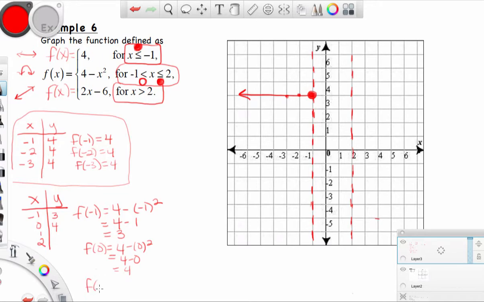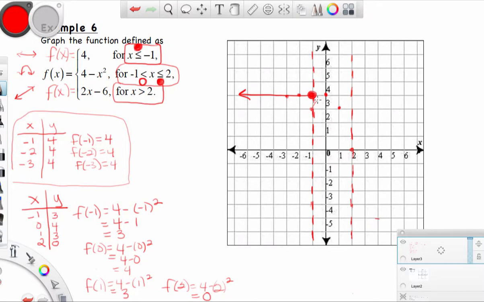And then f of 1, 4 minus 1 squared, which will be 4 minus 1, back to 3. And then finally f of 2 is 4 minus 2 squared, which is going to be 4 minus 4, and that's 0. And then my points are going to be -1, 3, 0, 4, 1, 3, and then 2, 0.